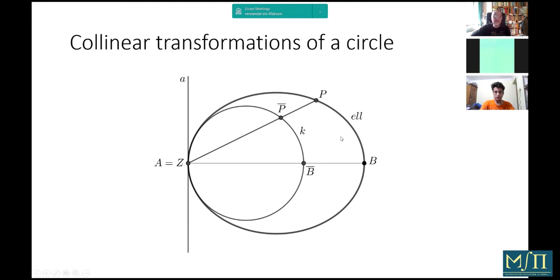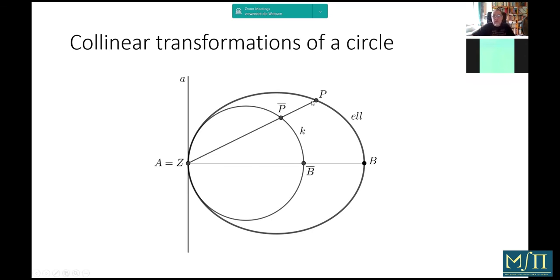And when we have this collinear transformation that maps the ellipse onto this specific circle, the collinear transformation is always such that the center of the transformation is in their common point. So that's exactly in the point where they are tangent to each other, and their common tangent that I've labeled A here is then what I would call the axis of the transformation. That is the line that stays fixed pointwise under this collinear transformation.